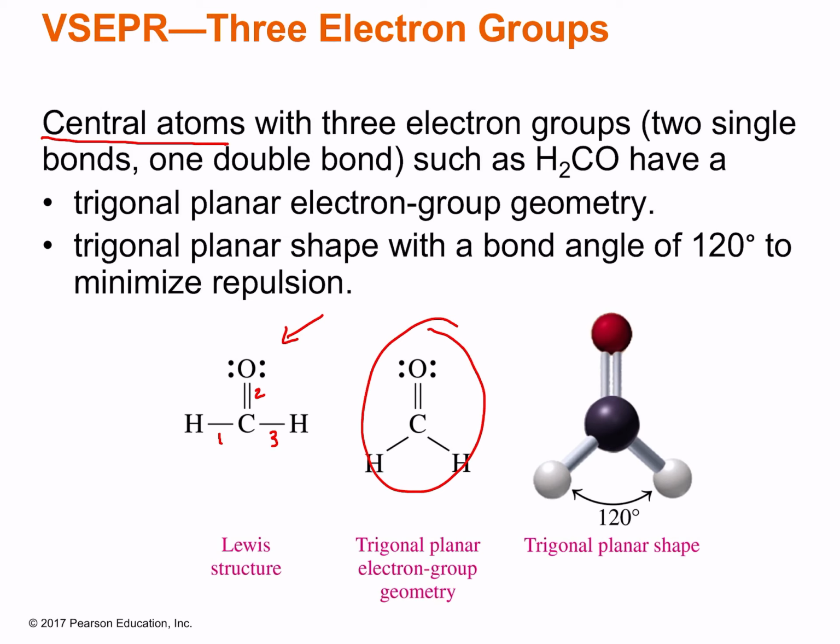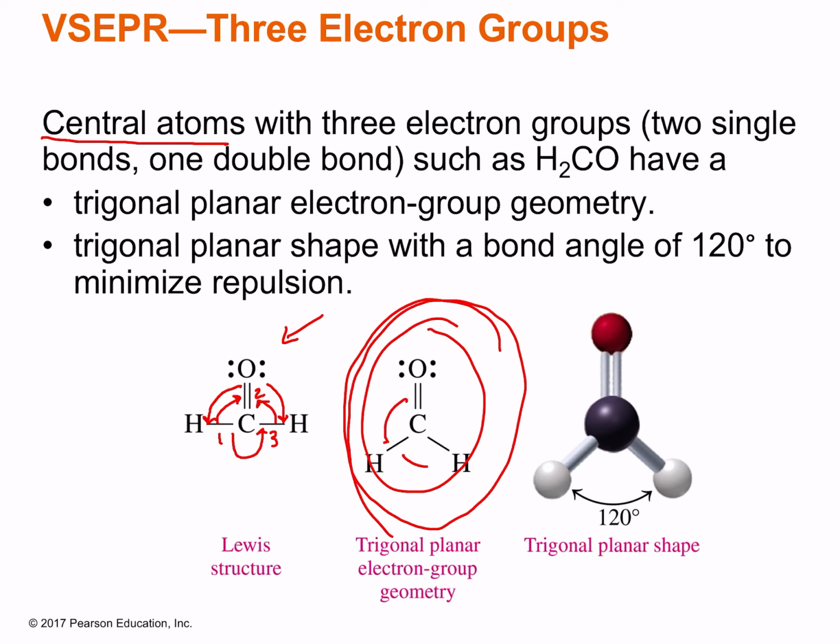And so the way that the Lewis structure is drawn, these are at 90-degree angles, right? And then this is at 180 degrees. And so in reality, the molecule again wants to spread out as much as it can. So what happens is that these electrons push these hydrogens down until they are equally spaced, and it looks like this one in the middle. This is what it's actually going to look like, where this is 120 degrees, this is 120 degrees, this is 120 degrees, and they are equally spaced around that central atom.